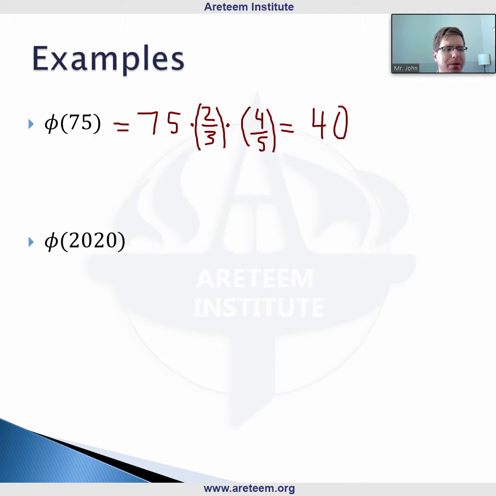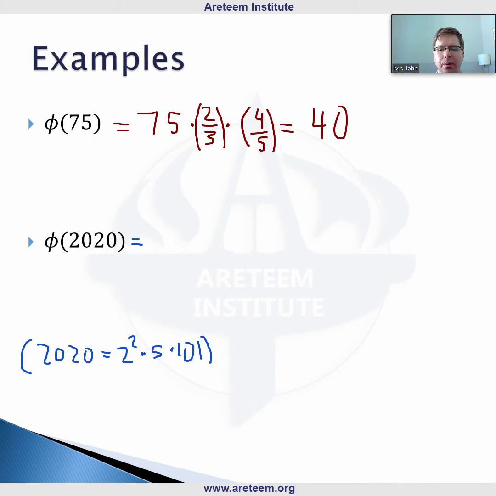2020, let's just remind ourselves really quick. If we want to write out the prime factorization, 2020 is 2 squared, so it's 4, times 5, so that's 20 right there, times 101. And 101 is a prime number in this case.